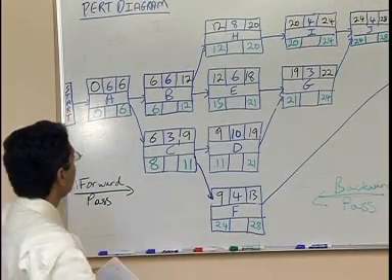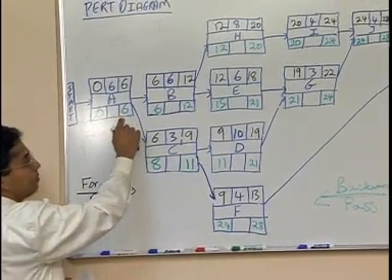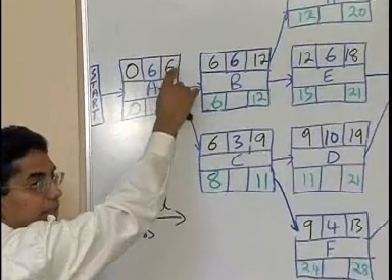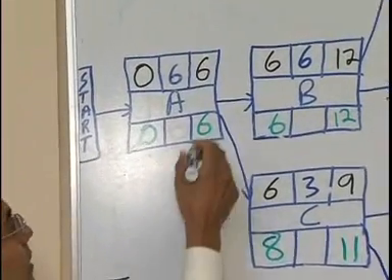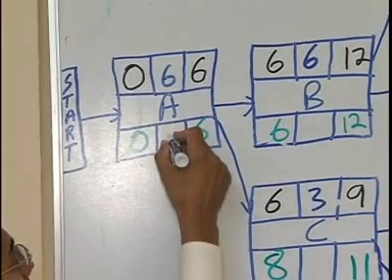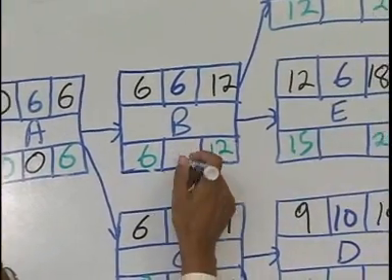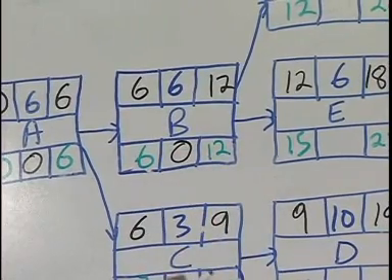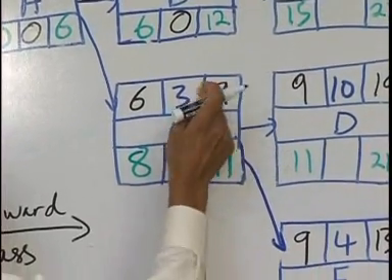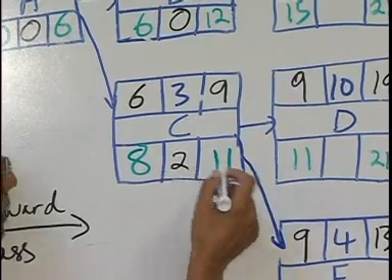Okay, let's start here. We'll do the latest finish minus the earliest finish for the slack. A, 6 minus 6, 0. B, 12 minus 12, 0. C, 11 minus 9, 2.